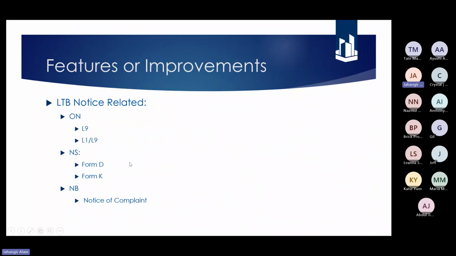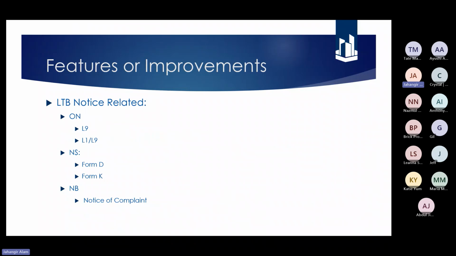Okay, so next one. We have introduced five LTB forms. I think it's more, because last time we discussed, at that time I think we didn't have New Brunswick LTB forms.